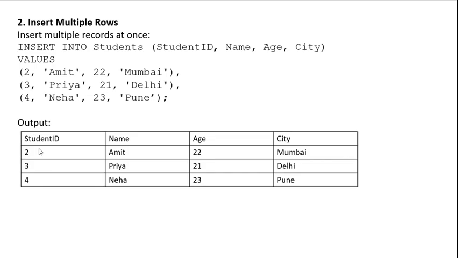So the output is that many rows are inserted in one go and shown in the table.